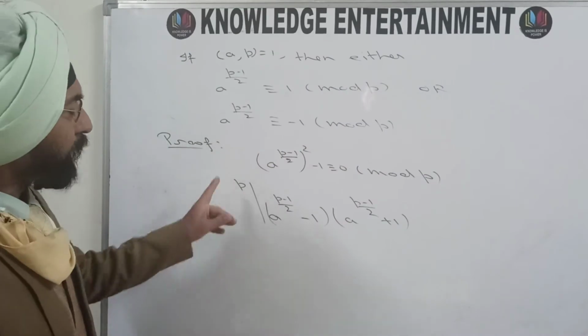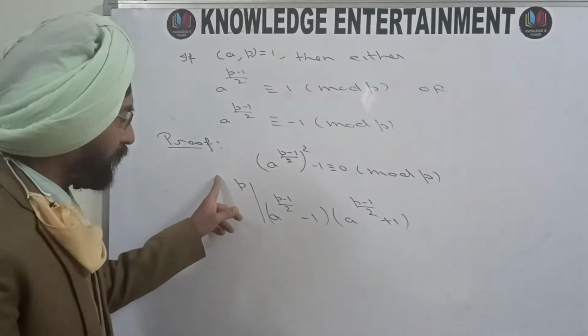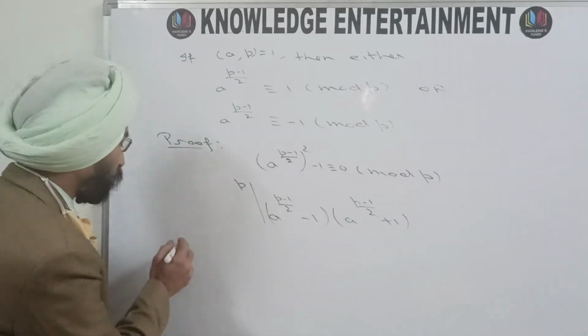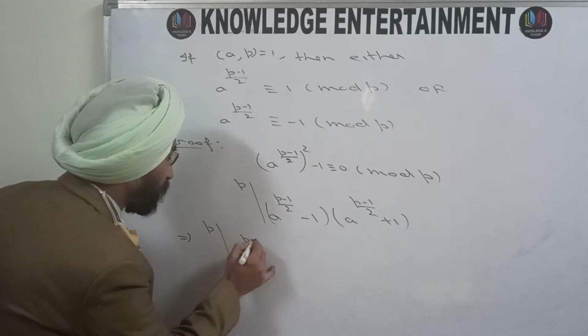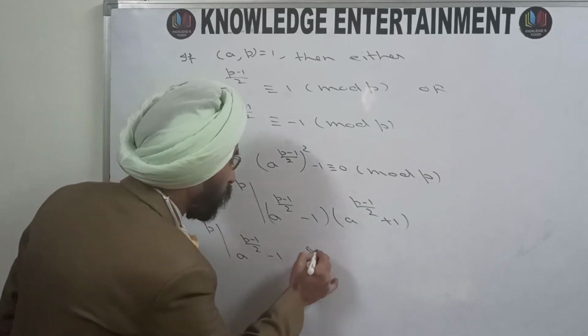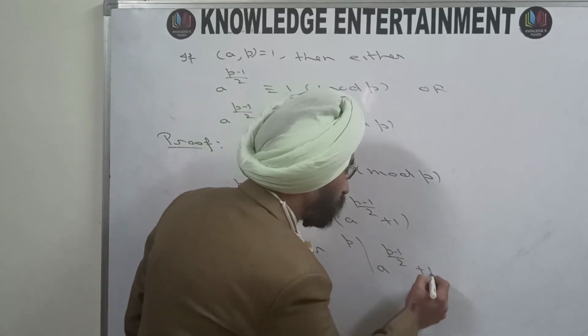And since p is a prime, if p divides ab, then p either divides a or divides b. So p divides this or p divides this. From here you can derive that p divides a raised to the power (p minus 1) by 2 minus 1, or p divides a raised to the power (p minus 1) by 2 plus 1.